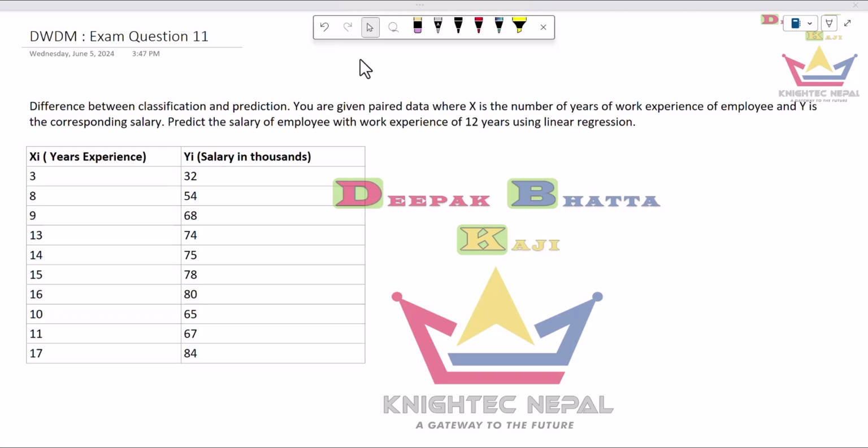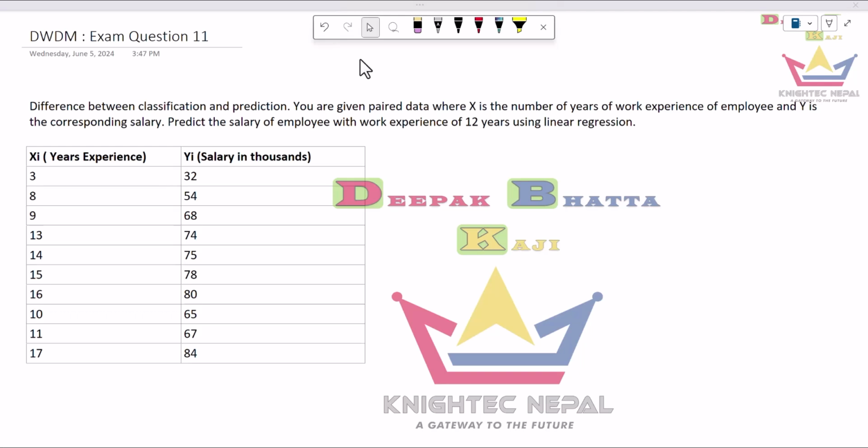The question is: difference between classification and prediction. You are given paired data where X is the number of years of work experience of an employee and Y is the corresponding salary. Predict the salary of an employee with work experience of 12 years using linear regression. Here the data is shown.